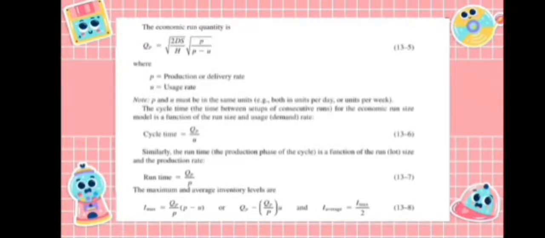So the formula is run time equals Qp over P. And the maximum and average inventory levels are: maximum inventory is equal to Qp over P times (P minus U), or Qp minus Qp over P times U, and average inventory is equal to maximum inventory over 2.